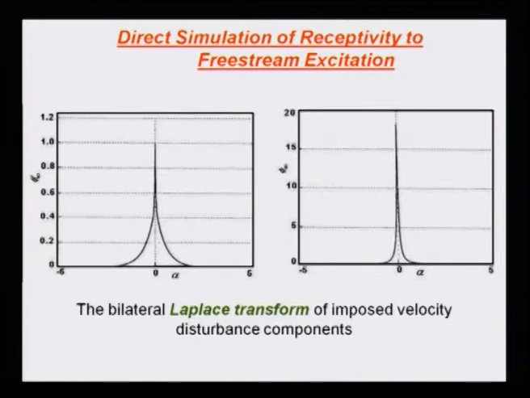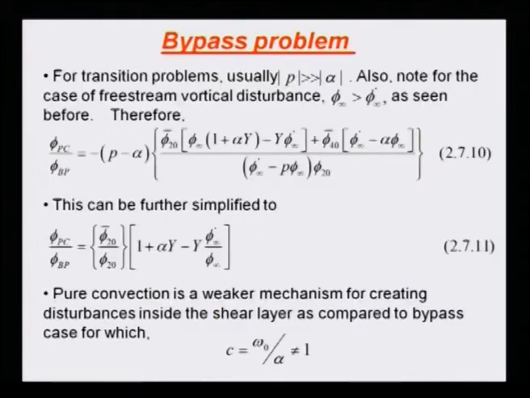So this disparity in the spectrum of u infinity and v infinity helps us understand the problems that we have looked at.